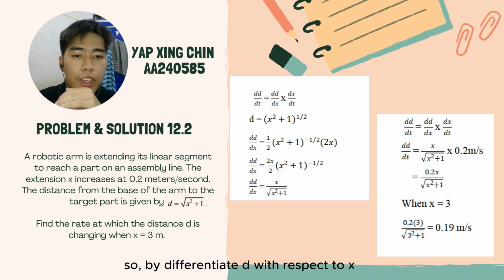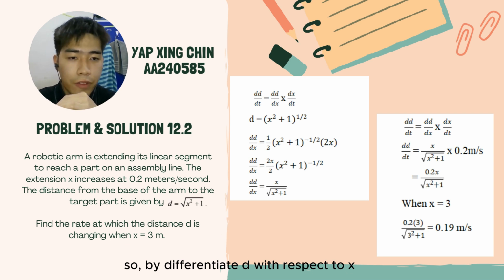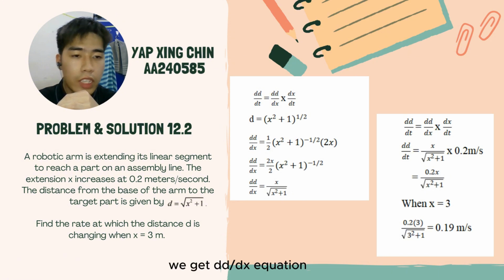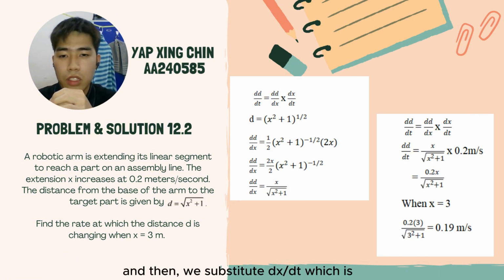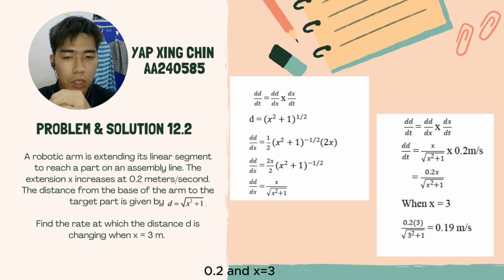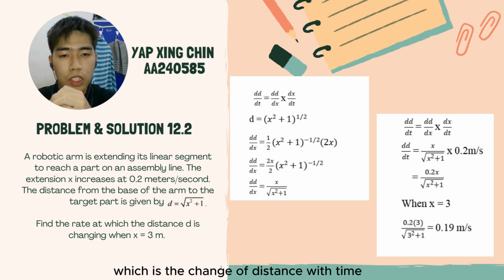By differentiating d with respect to x, we get the dd over dx equation. And then we substitute dx over dt equals 0.2 and x equals 3. We calculate dd over dt, which is the change of distance with time.